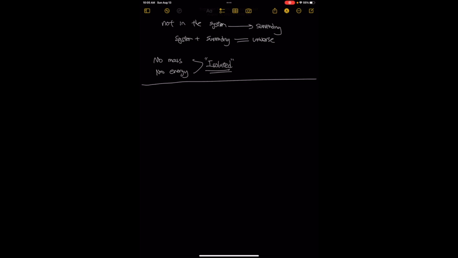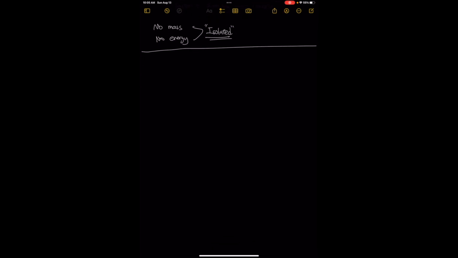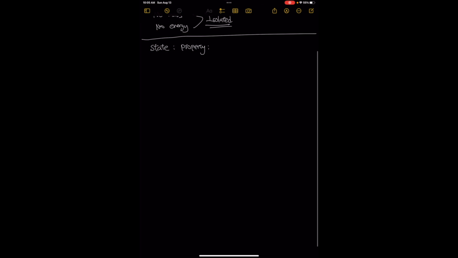Okay, so next I want you guys to learn what is a state and what is a property. Those two concepts are really close to each other. That's why I want to introduce them right now. So let's look at state. What's the definition of state?